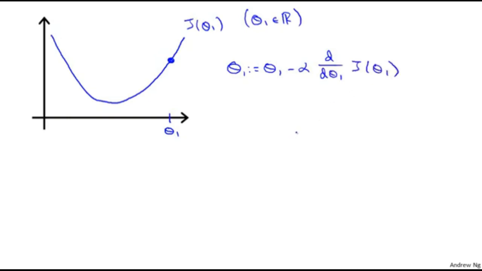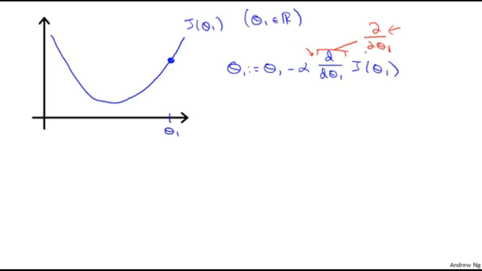As an aside, if you're wondering why I changed the notation from these partial derivative symbols, and you don't know the difference between these partial derivative symbols and the d/d theta, don't worry about it. Technically, in mathematics, we call this a partial derivative and this a derivative, depending on the number of parameters in the function J, but that's a mathematical technicality.